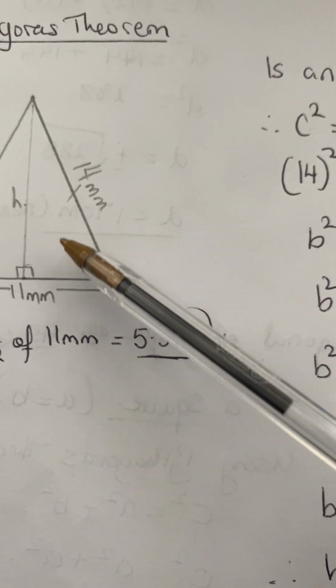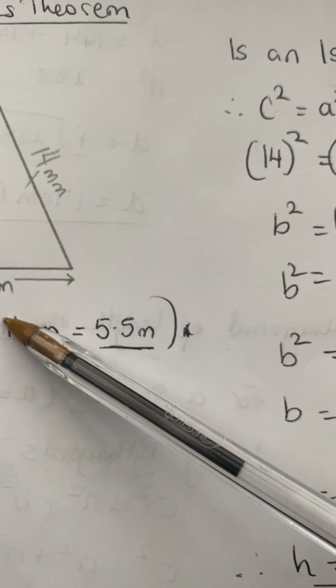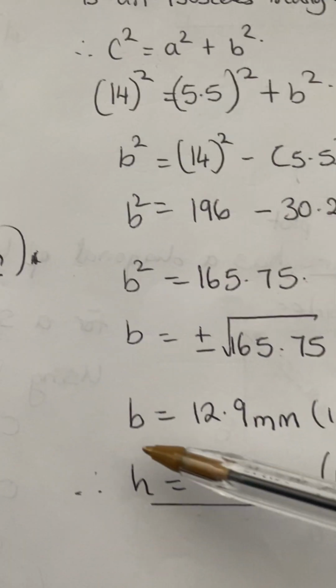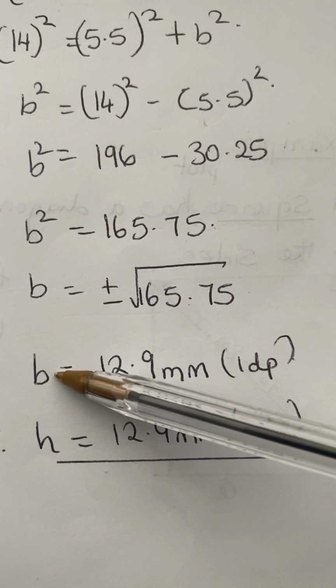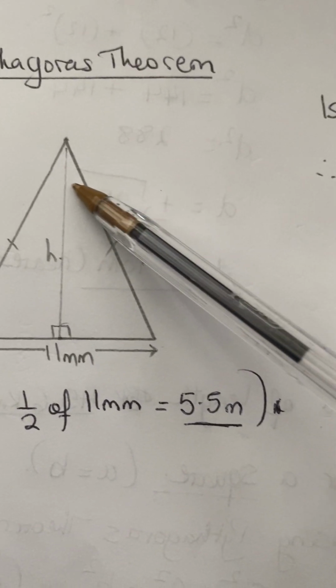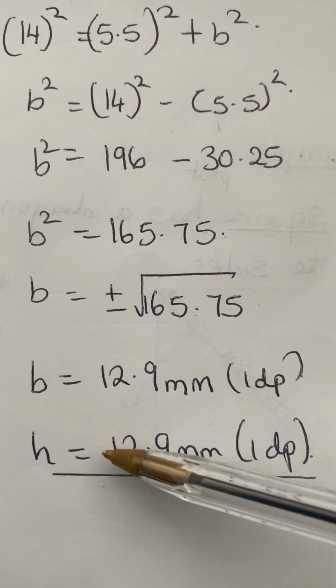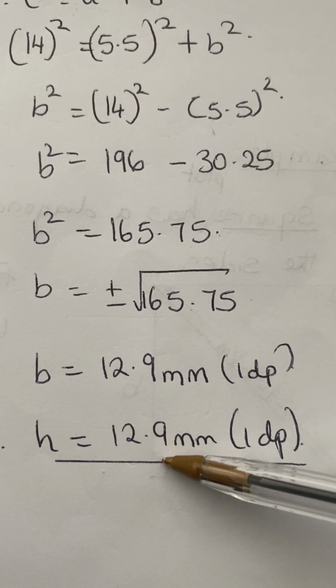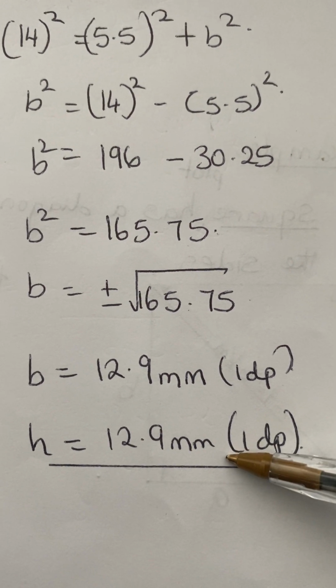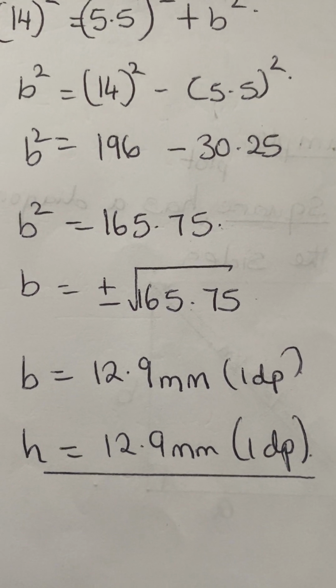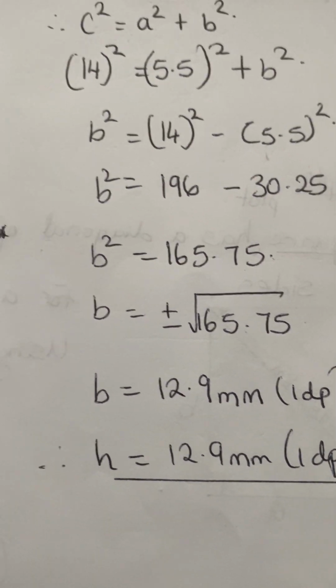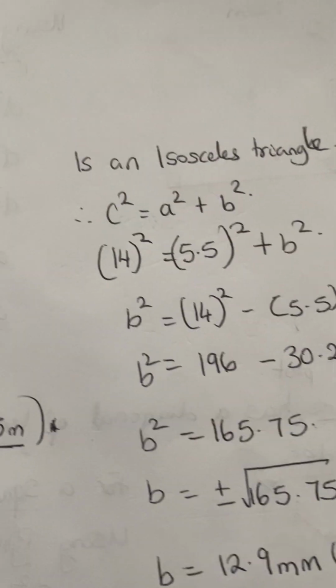Even though I found b, the question says h. So I'm going to write h equals 12.9 millimeters, 1 decimal place. So that is our starter for today.